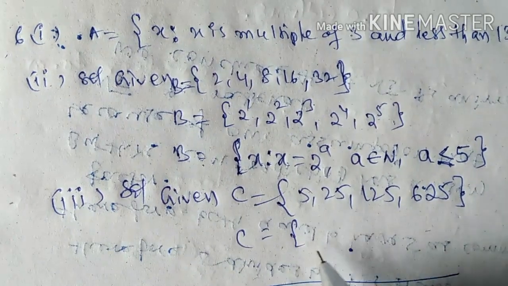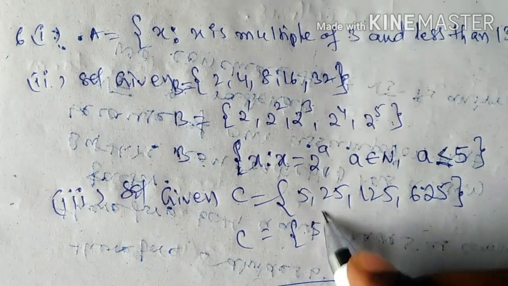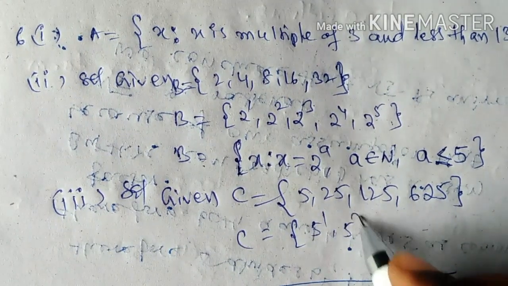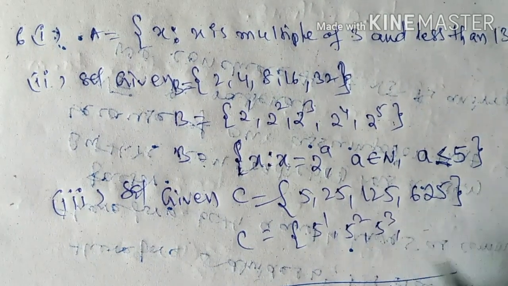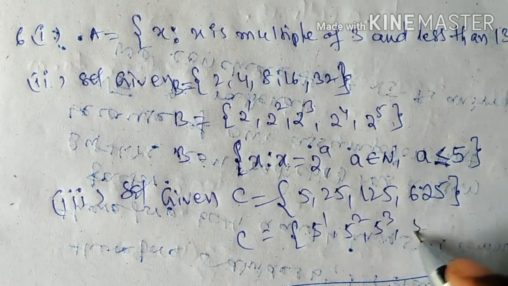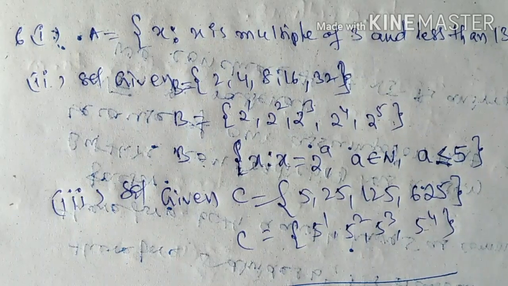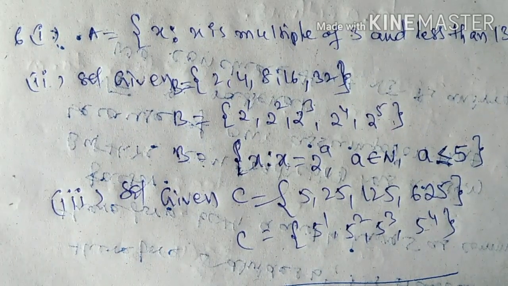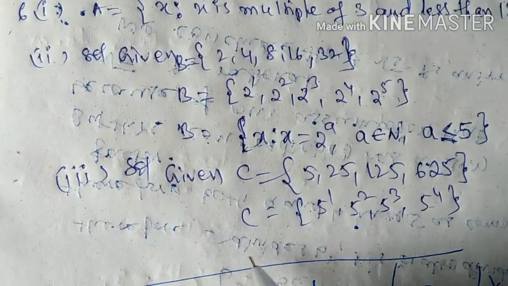C is equal to 5 to the power of 1, 5 square, 5 cube and 5 to the power of 4. So how can you write? You guess it? Yes, your guess is correct.